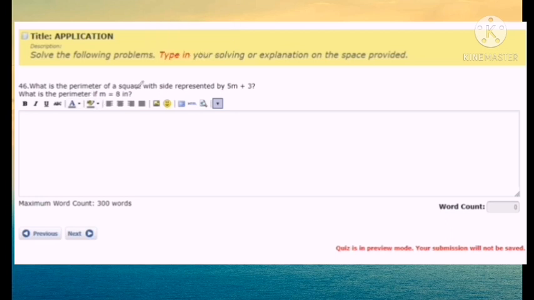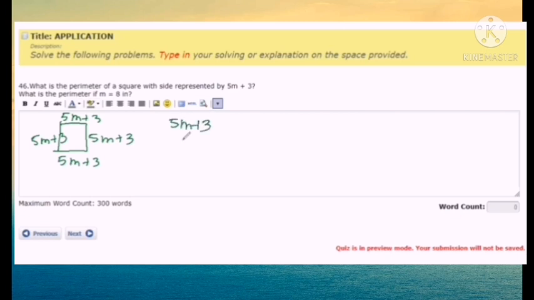Okay, and next we have the application or problem solving. What is the perimeter of the square? We have a square with side represented by 5m plus 3. All four sides are represented by 5m plus 3, because when we say square, all sides are equal. Since it is a perimeter, we have to add all the four sides.